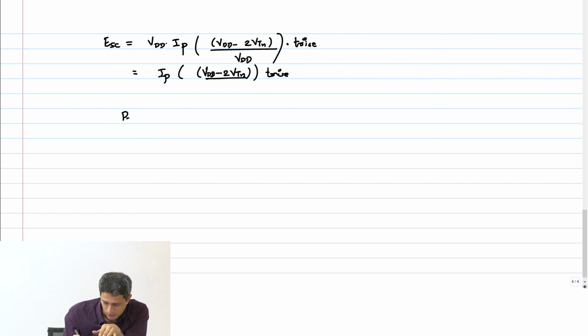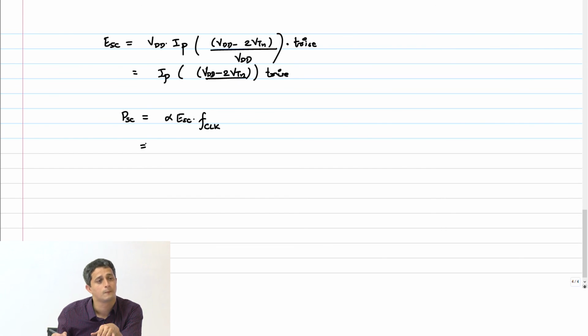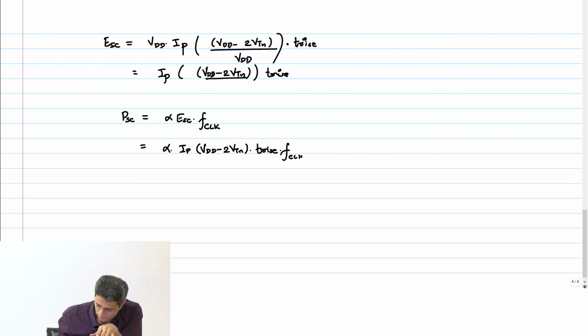Therefore the short circuit power is going to be alpha ESC into F clock. Okay, so alpha into IP into T rise into F clock.